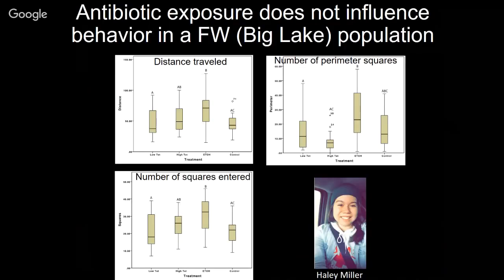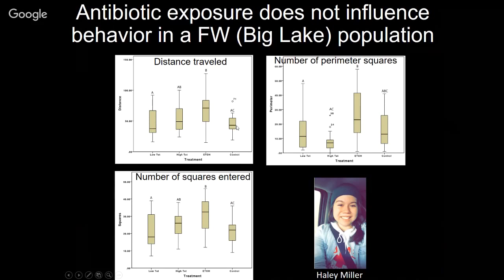In our Big Lake freshwater population, we didn't see a difference. These measurements were taken by Haley Miller, an undergraduate who worked in our lab last summer. And we looked at low TET and high TET, and the ethanol and control samples.